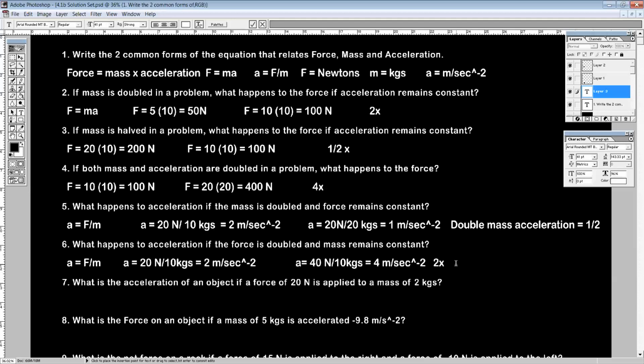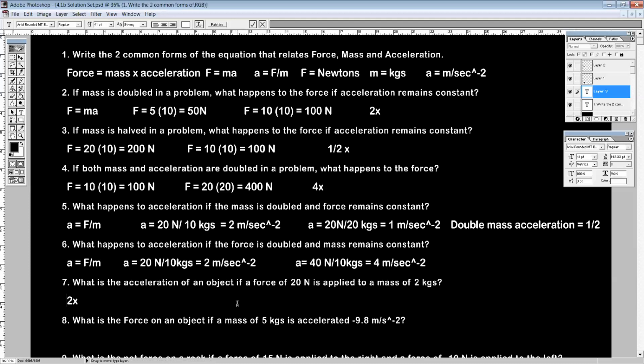The acceleration doubles when we double the force. When we double the mass, we decrease our acceleration by half. When we are doubling the force, we've doubled our acceleration. All right, so this linear relationship.